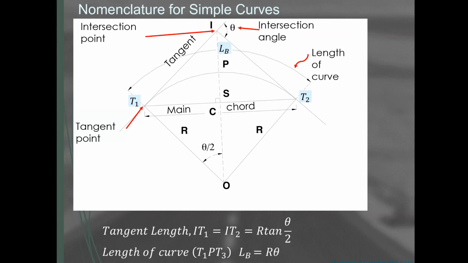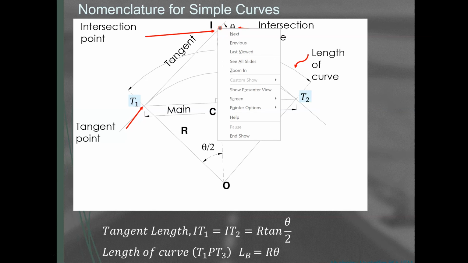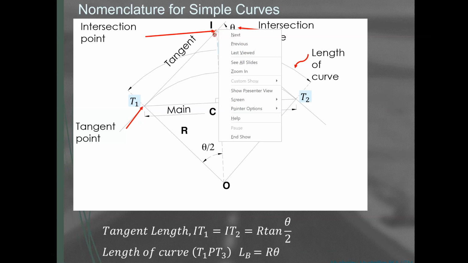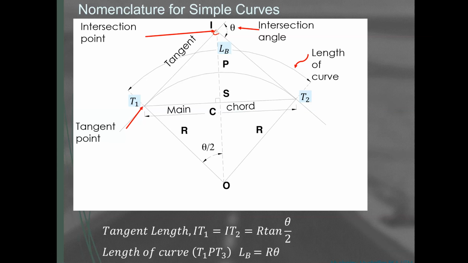Some terms or nomenclature that we use in a simple curve. I is the intersection point, where the two straights meet. T1 will be the first tangent point, and T2 will be the second tangent point. The distance from T1 to T2 along the curve is the actual length of curve.